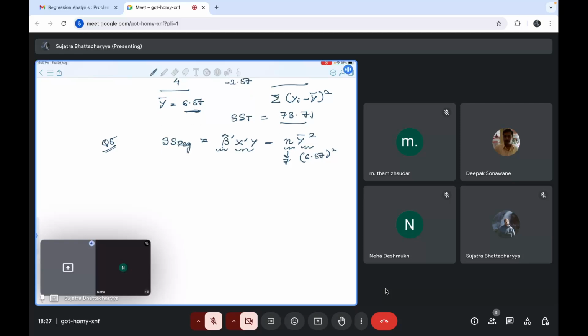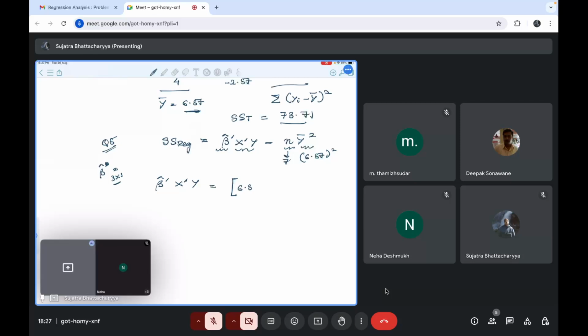So let me just quickly do it. Beta hat prime x prime y. We were writing beta hat as a 3 by 1 matrix. So beta hat prime will be a 1 by 3 matrix, one row.